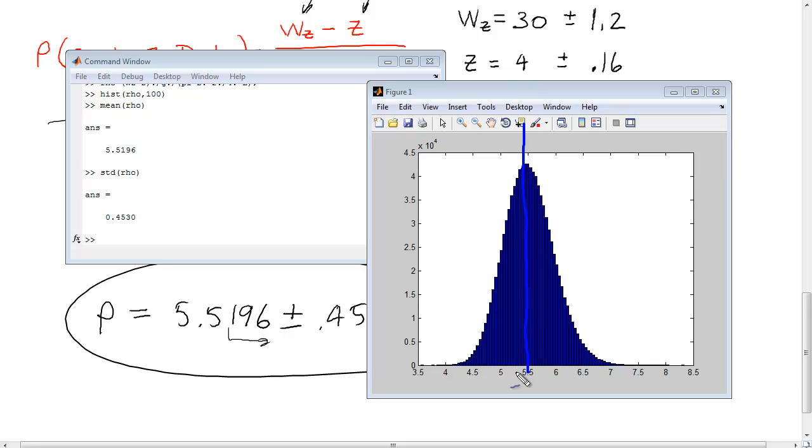Here's your mean, and then here's your standard deviation. If you look at this fairly closely, it appears like there's a little bit of a skew. Here's your mean, it looks like the tail is larger over to the right. This is something you'll see in this that you won't see in the other analysis techniques.